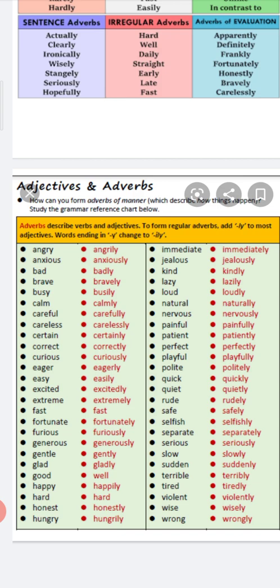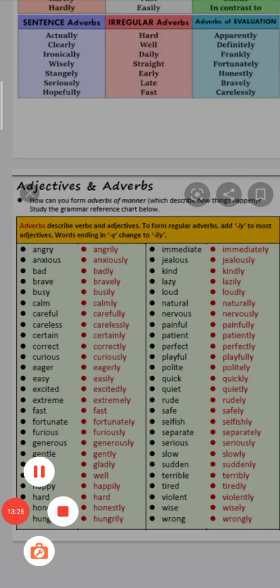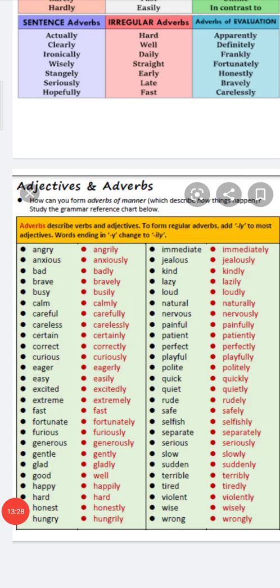You can see these words and understand; it will give you an idea how you can convert adjectives into adverbs easily. Please be very particular about words like happy, where you have to remove y and add ily, happily, hungry, hungrily.